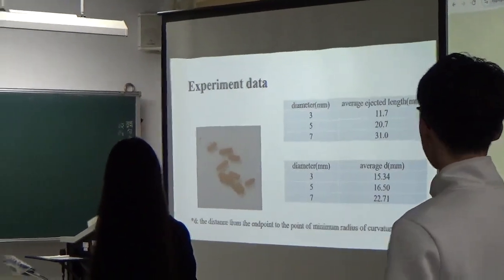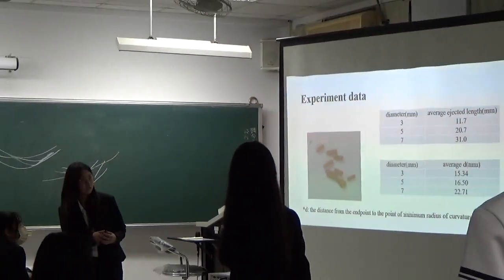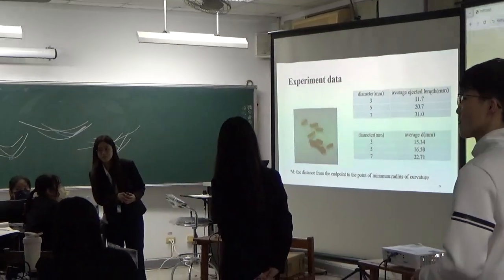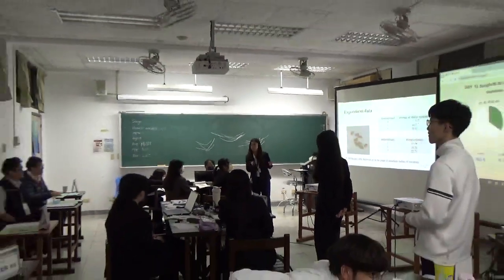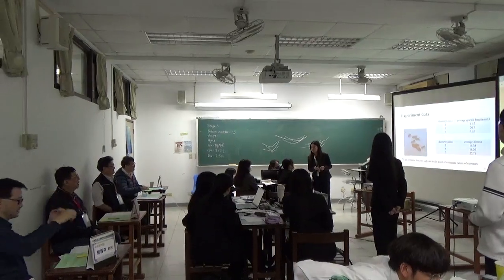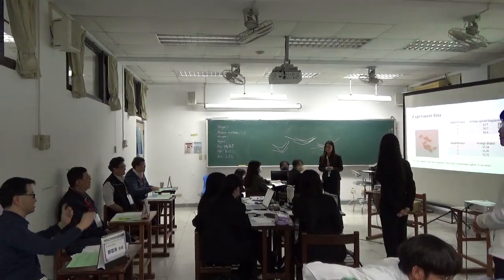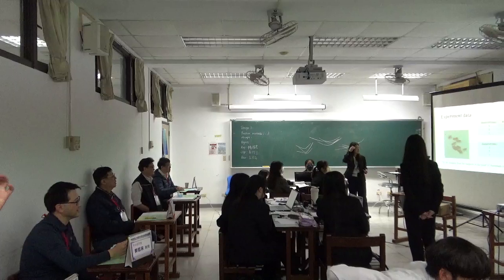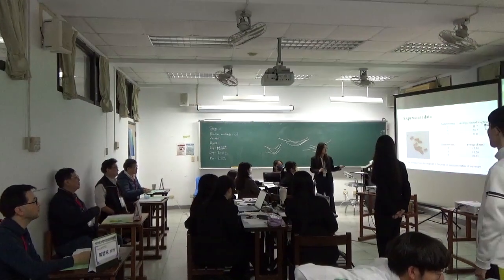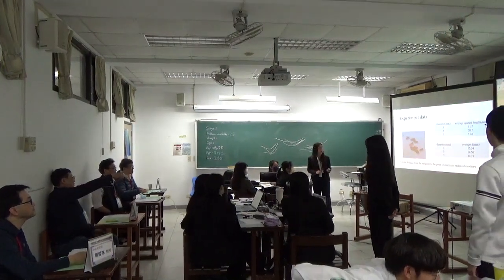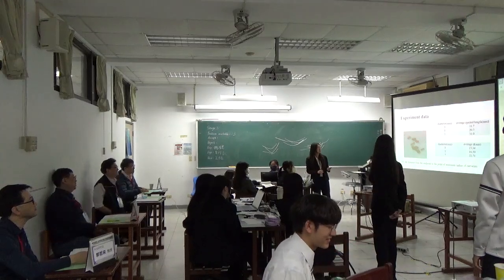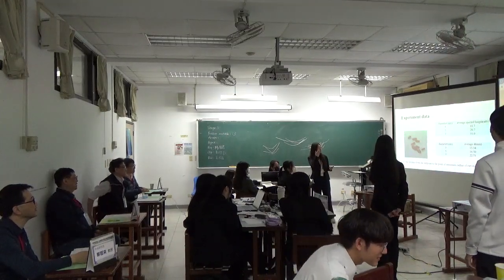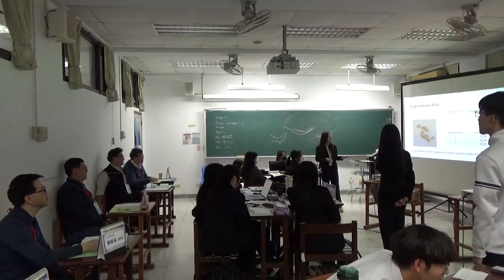Yes, that's the average diameter. The spaghetti, the length or the diameter? Yes, that's diameter. Diameter is right. The upper one is average length, yes, and the second one you say average D.